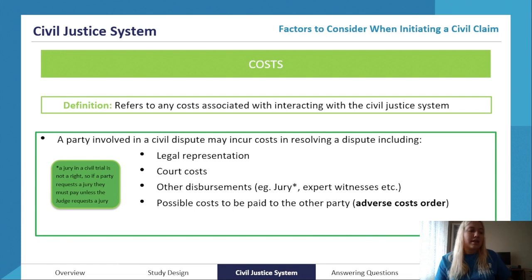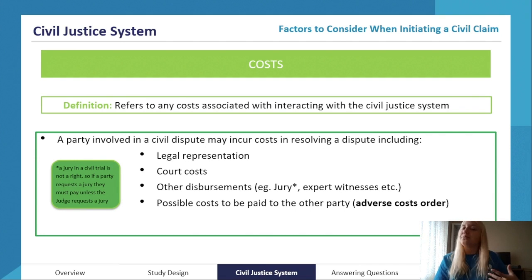So if the plaintiff is not successful and they do not manage to prove that the defendant is liable for the civil harm that has occurred and the breach of civil rights, the plaintiff will be given an adverse cost order by the judge, whereby they will have to pay for the defendant's legal fees in going to court because they didn't successfully prove that they did anything wrong. So now they have to reimburse them for their court costs. Okay?